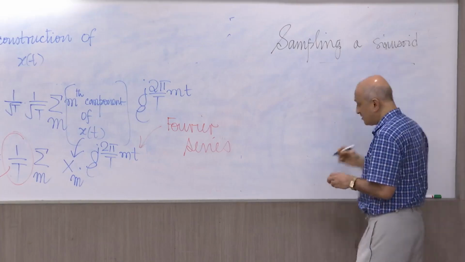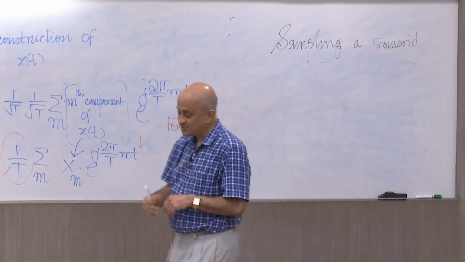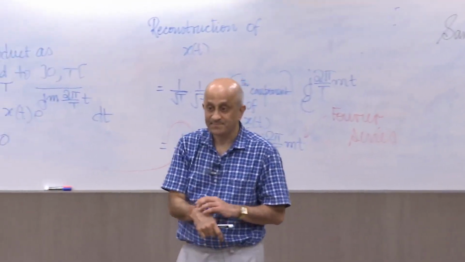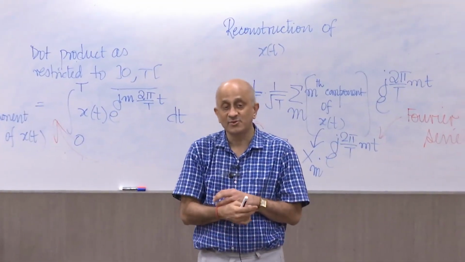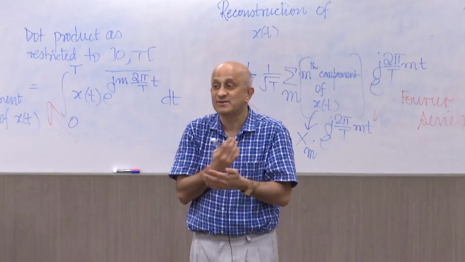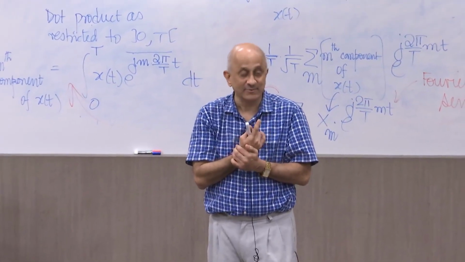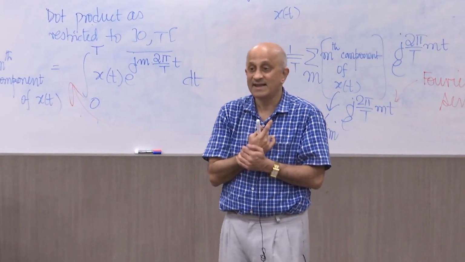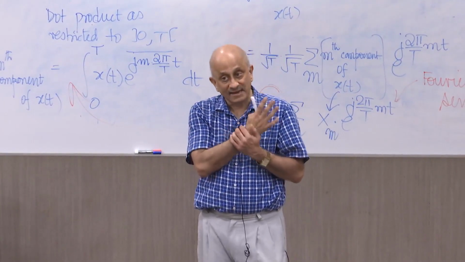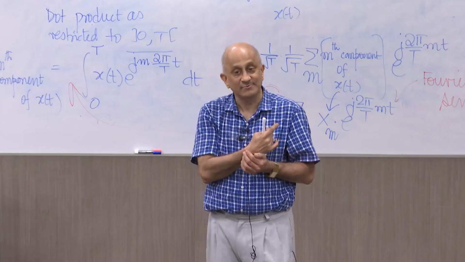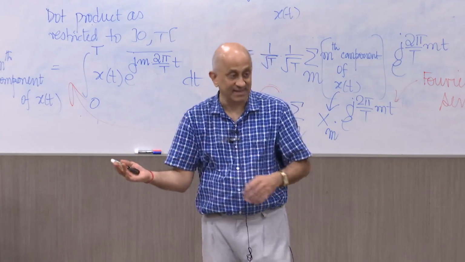I'm talking about sampling a sinusoid, though I could have talked about sampling a phasor. I'm talking about a sinusoid because it seems closer to our appreciation of reality; we don't really see phasors in reality. But whatever analysis I do here for a sinusoid will also carry over easily to a phasor.